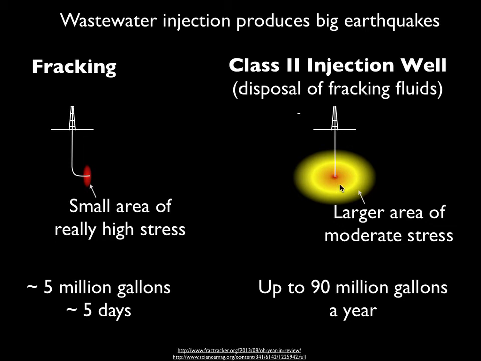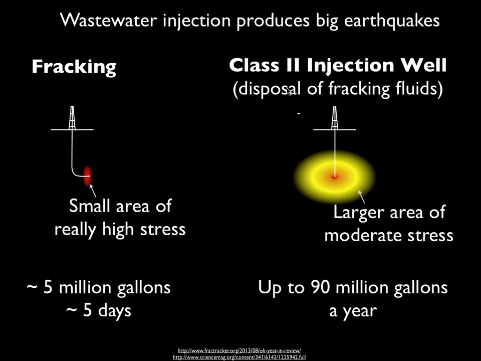And when you do that, you are affecting a much larger area. So if there are any faults nearby, they're going to be affected more by this example here on the right with the injection well than a fault in an equal position away from a fracking well, because they're simply not as close to where the stress concentration is.